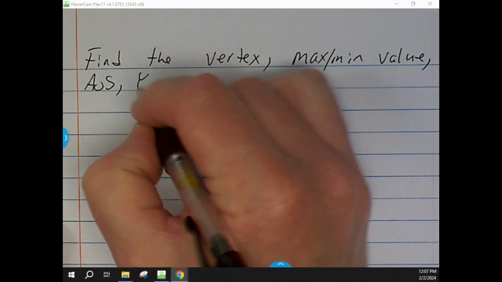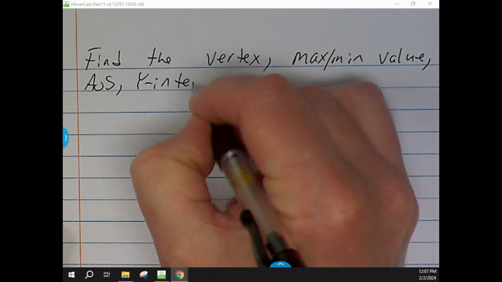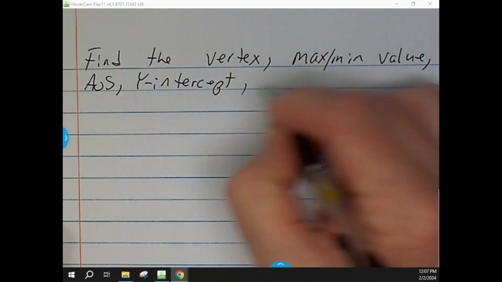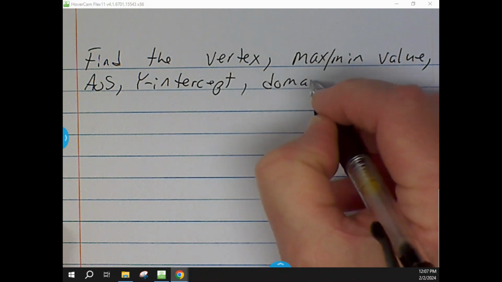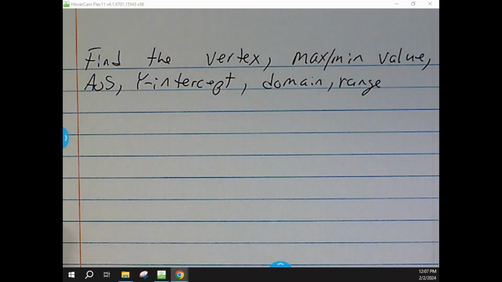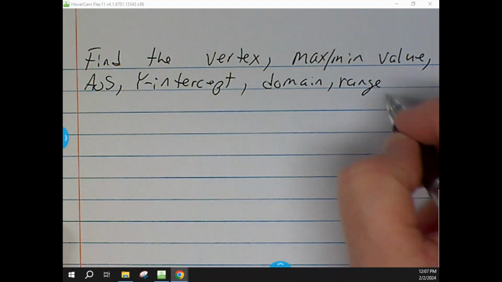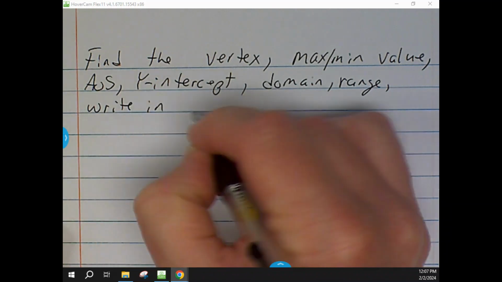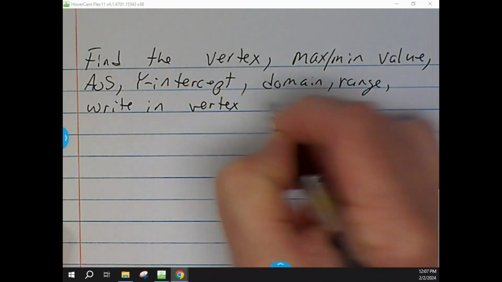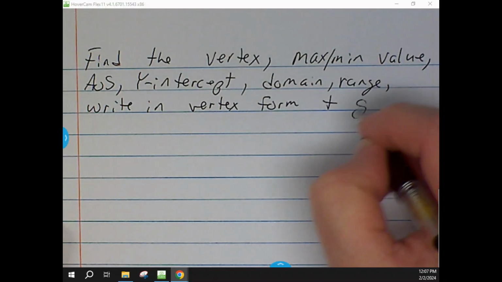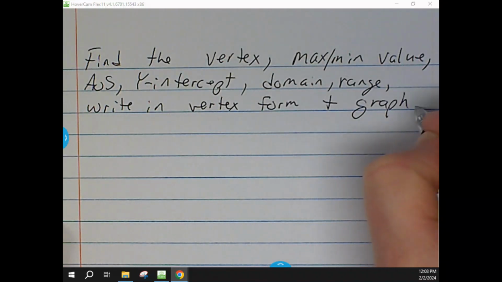We're going to add in the y-intercept, the domain and the range. And then we're going to write in vertex form. And then the last thing we finally get to do is graph this thing.